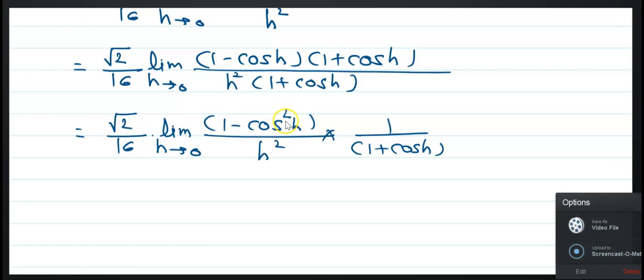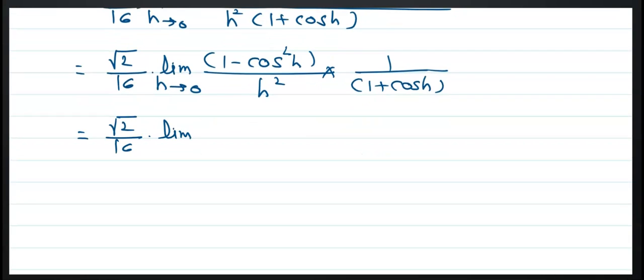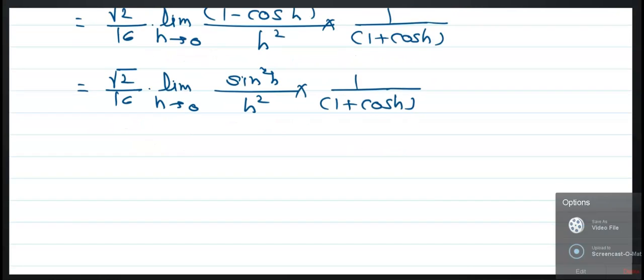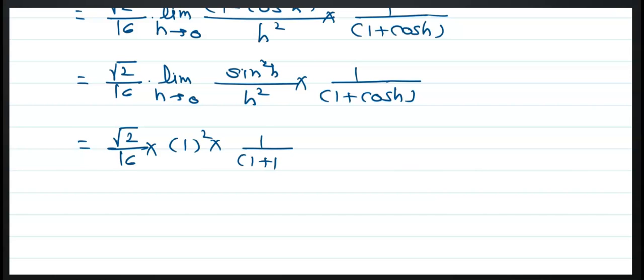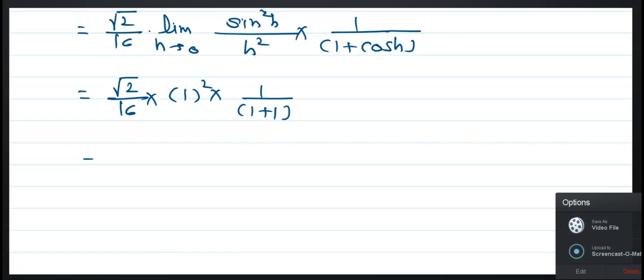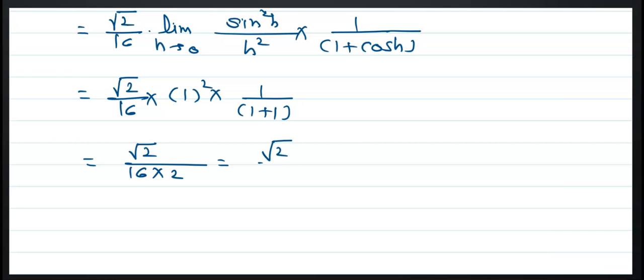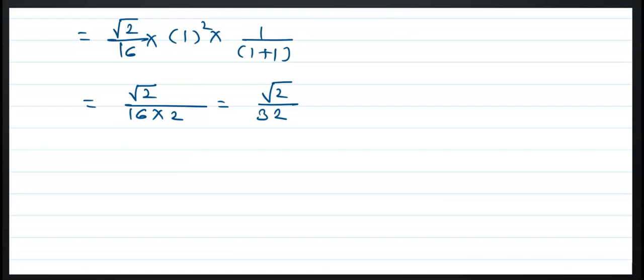Now 1 minus cos square h means sin square h upon h square. The value of this limit is 1 square into 1 upon 1 plus 1, that is 1 upon 2, into root 2 upon 16. That will be the overall value, root 2 upon 32, since 16 into 2 is 32.